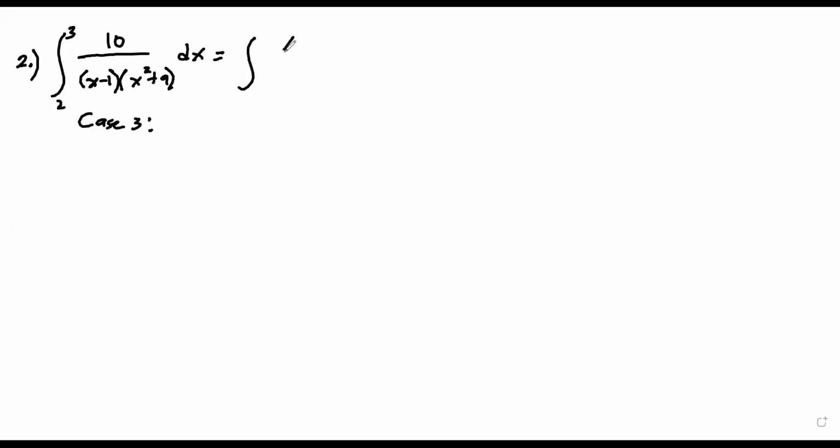we'll have A over x minus 1 dx from 2 to 3 plus B, the derivative of our denominator, which is x squared plus 9, the derivative of that is 2x.